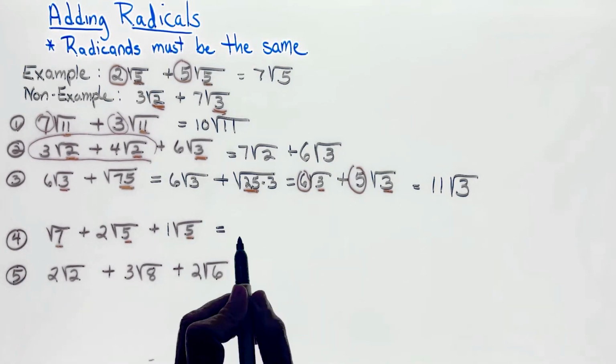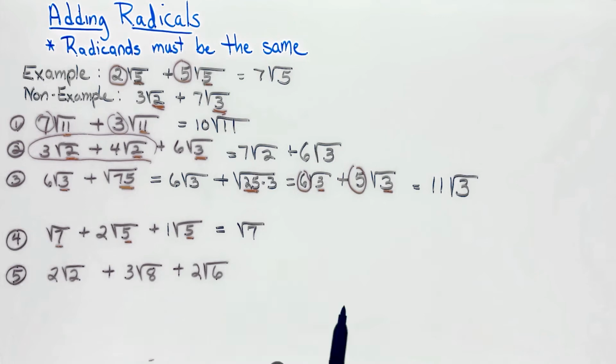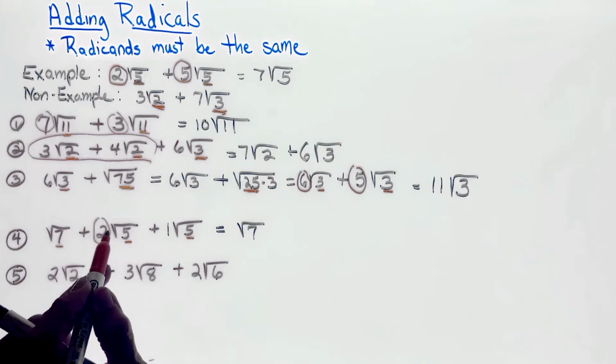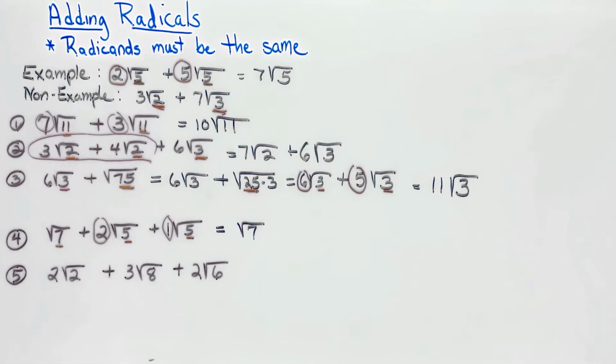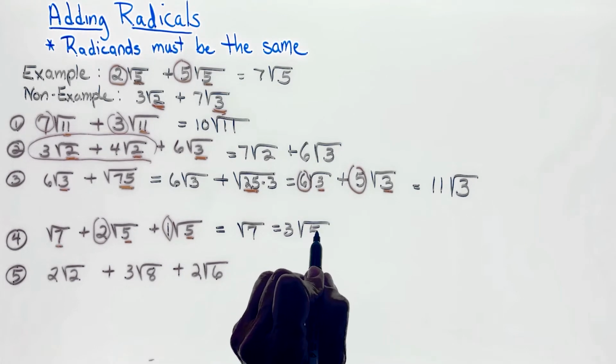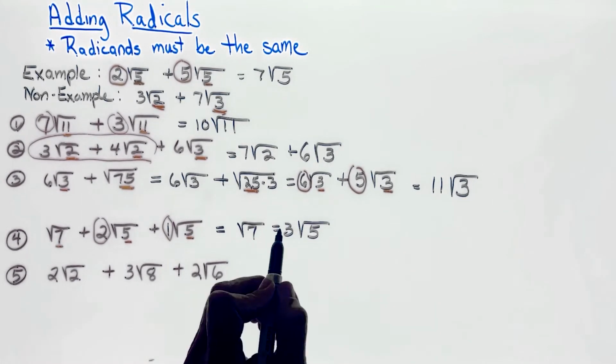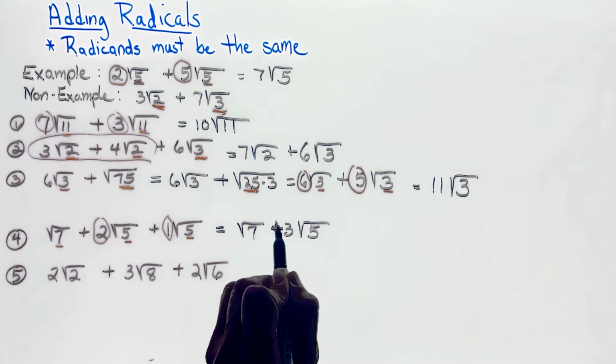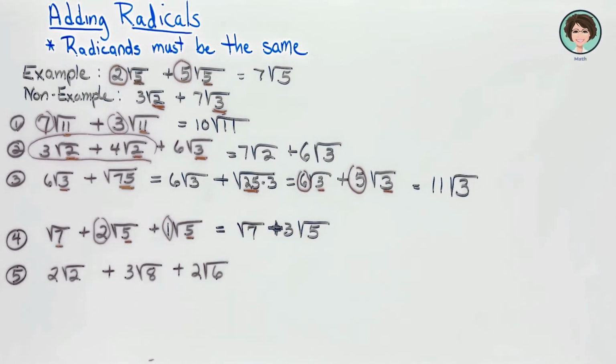As I'm solving this, I must copy my square root of 7 because it's part of the expression, but now I am going to add the 2 and the 1, which will give me 3 square roots of 5. Oops, this should have been a plus sign there. So it's the square root of 7 plus 3 square roots of 5.